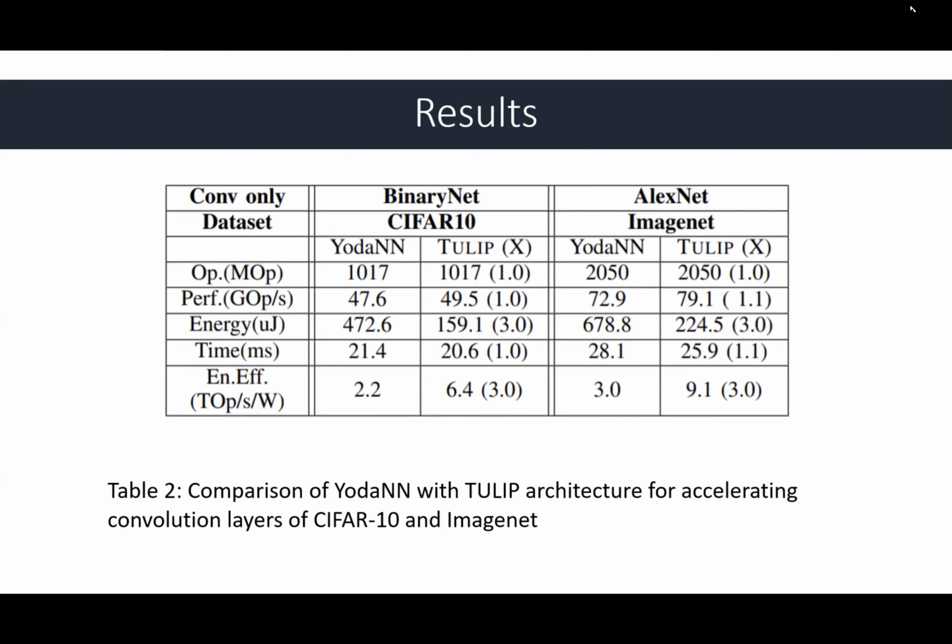This table shows the comparison between YodaNN and Tulip architecture for convolution layers. It can be seen that the energy of Tulip is 3 times less than the energy required by YodaNN. Since the performance of both the architectures is about the same, the energy efficiency also improves by 3x.